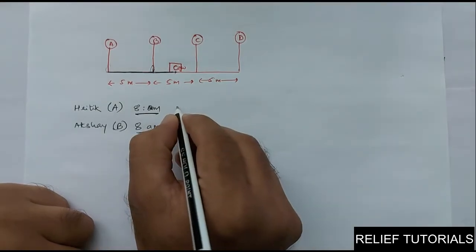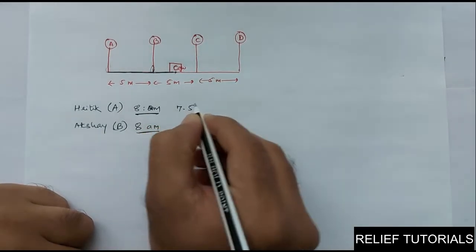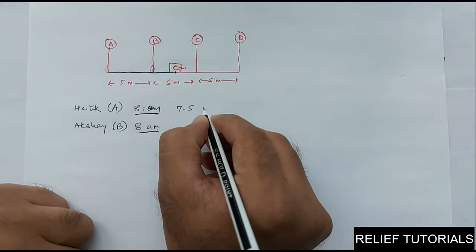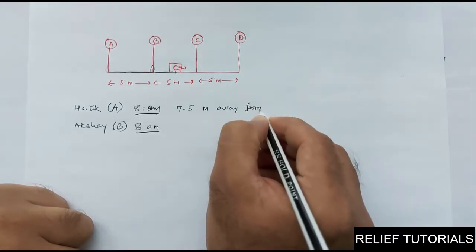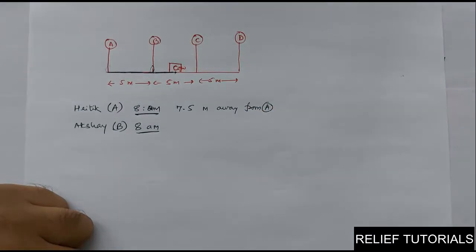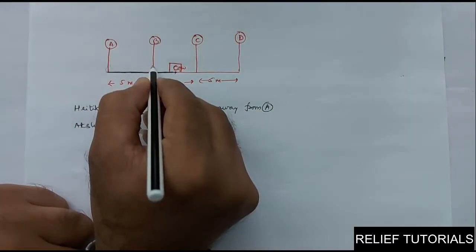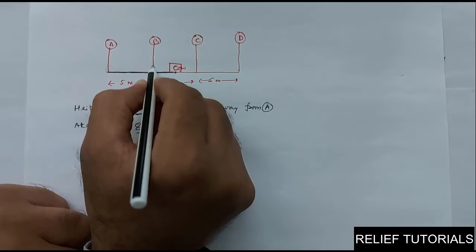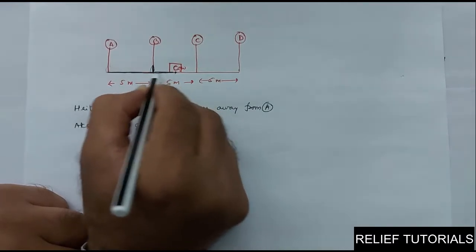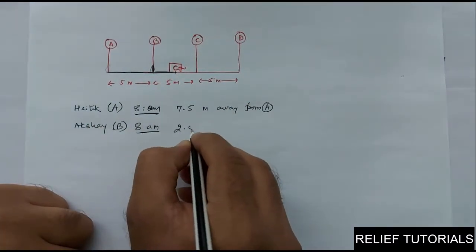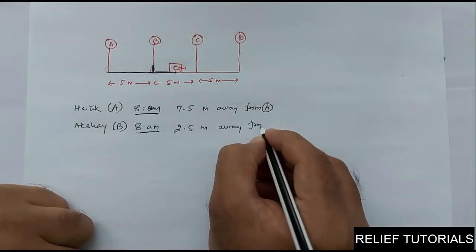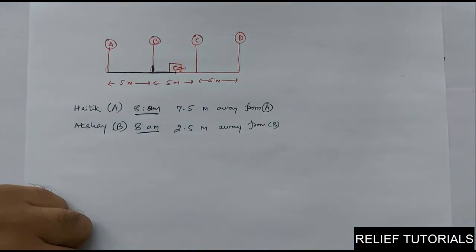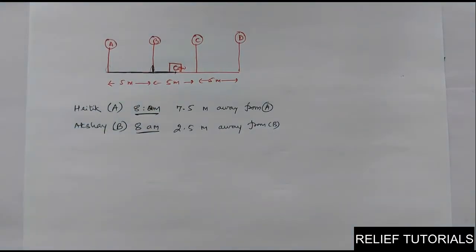So at 8 a.m., the first observation taken by Ritik is that the cow is 7.5 meter away from pole A. But Akshay stands at pole B. So according to him, the cow is nearer. The cow is only 2.5 meter away from pole B. So look at the positions.